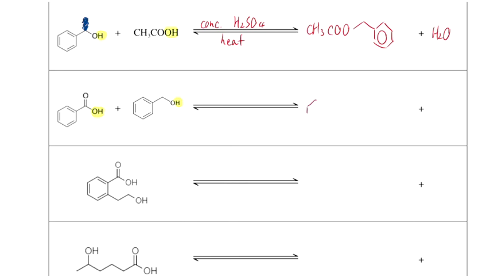So we have the benzene ring and then a carbon double bond to O, and then bonded to O, and then the benzene ring again, together with water as a product. Okay, remember the condition: conc sulfuric acid, and then heat it on the reflux.